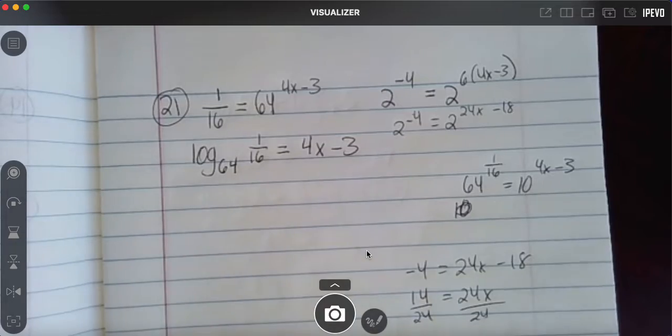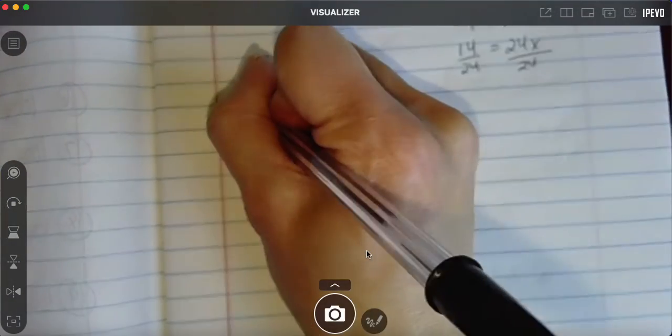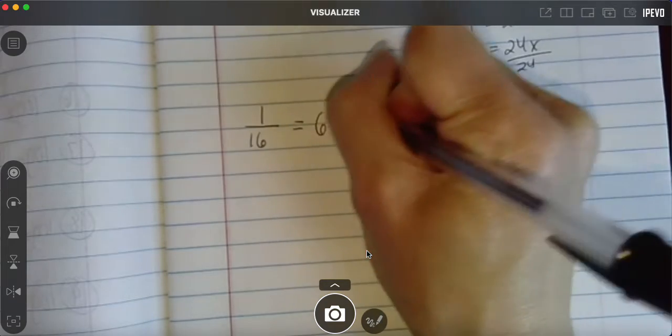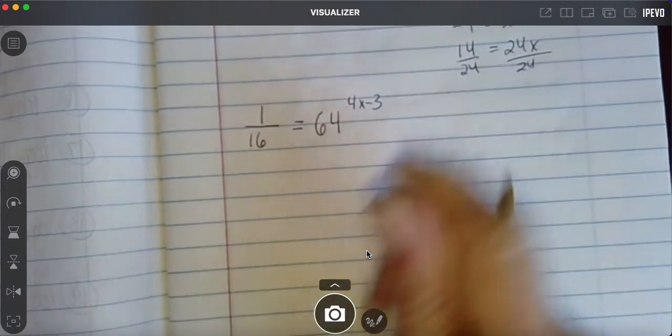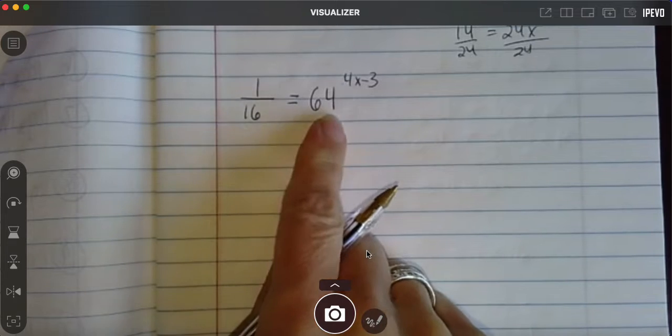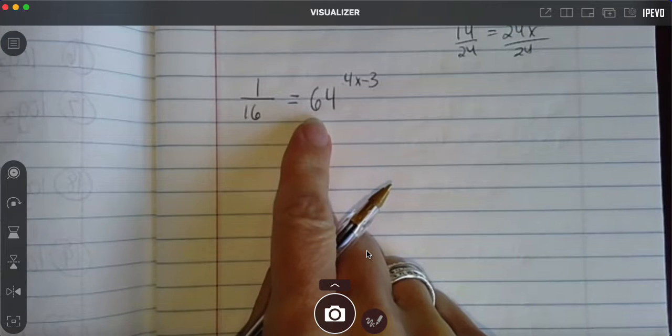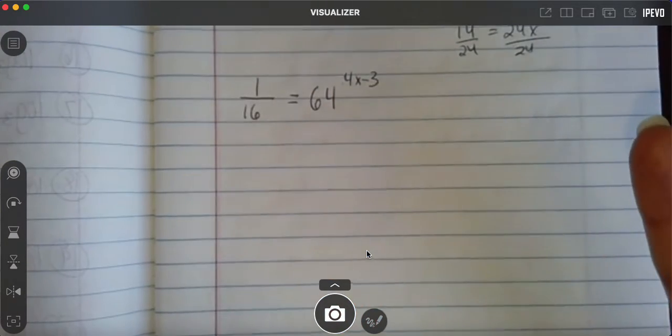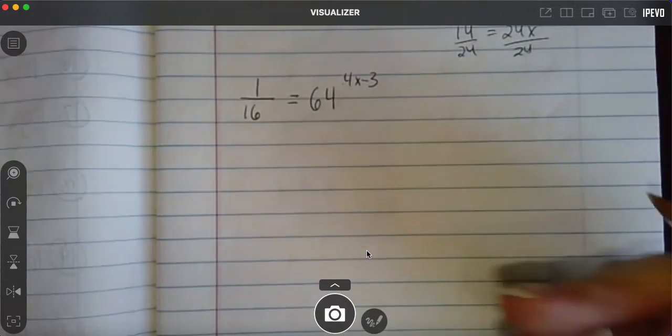So let me rewrite it so it doesn't look messy. They have 1 over 16, and over here they have 64 to this exponent. If I get the same base, this was the very first type of equation we learned on solving. If I get the same base, then I can just set the exponents equal and solve. That's what we're going to do for this one.